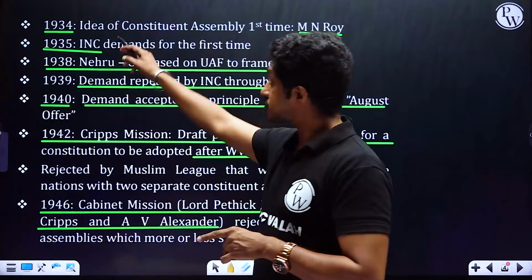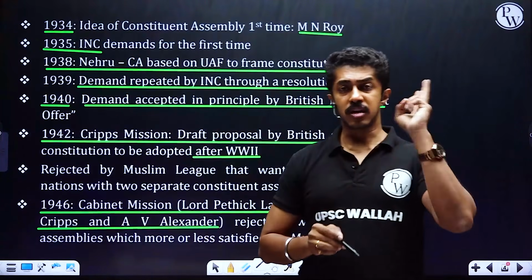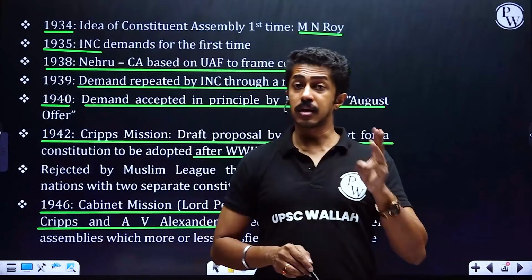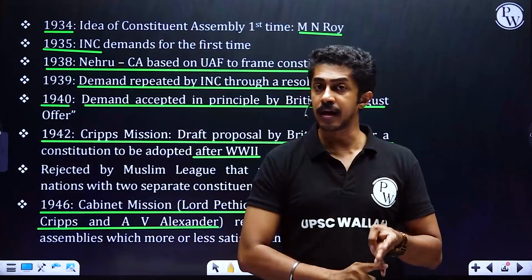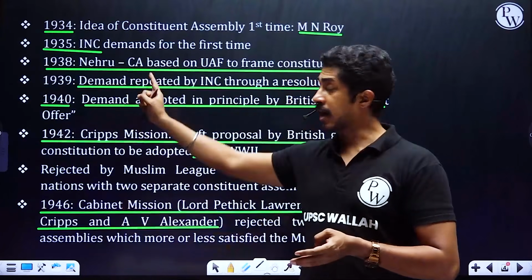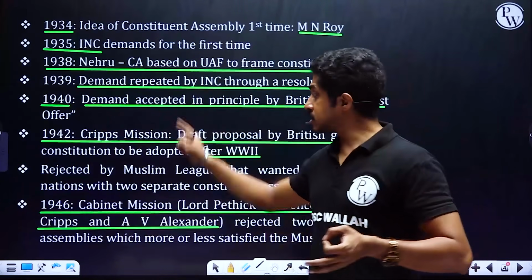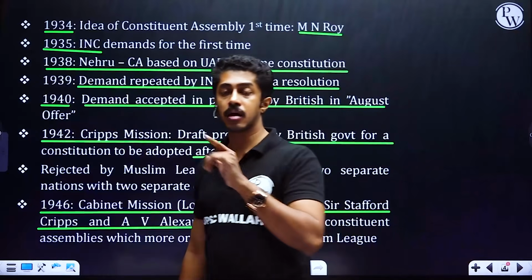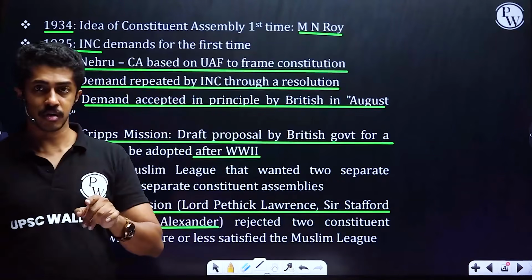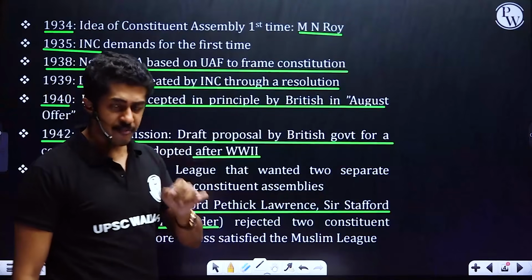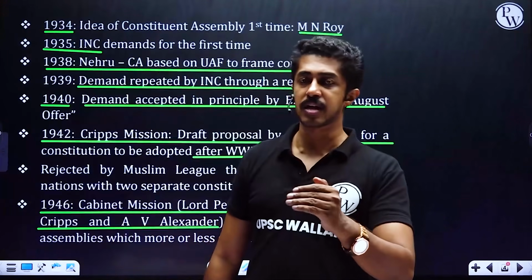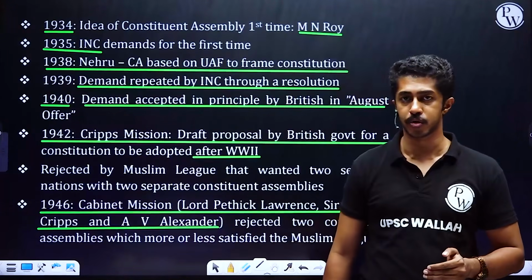1934, M.N. Roy. 35, INC. 38, Nehru, based on Universal Adult Franchise. 39, Congress accepts. 1940, demand accepted in principle by the British through their August Offer. 1942, Cripps Mission, where draft proposals were made by the British government, basically saying that a constitution will be adopted after World War II.